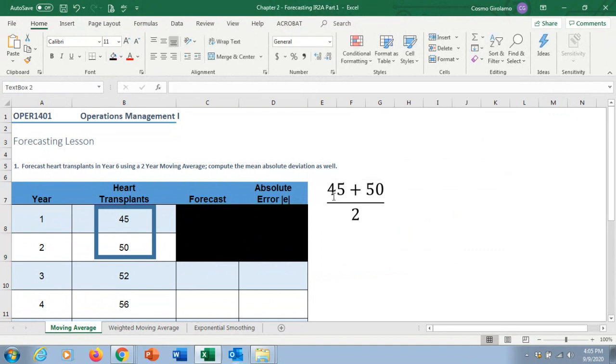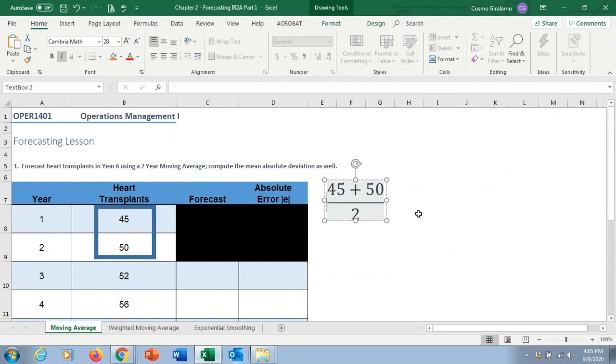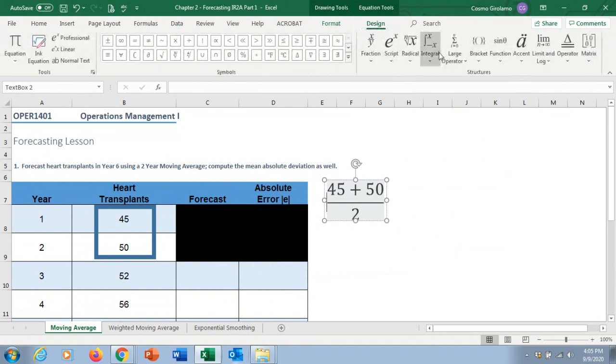So in order to predict, and usually the prediction will call it F. So my forecast for time period 3, that's what the 3 stands for, the third time period, here's year 3.